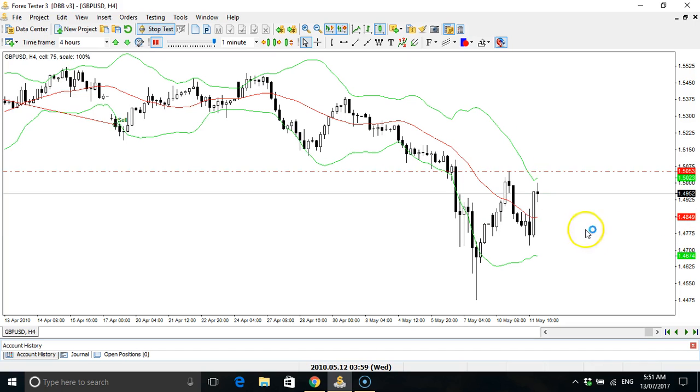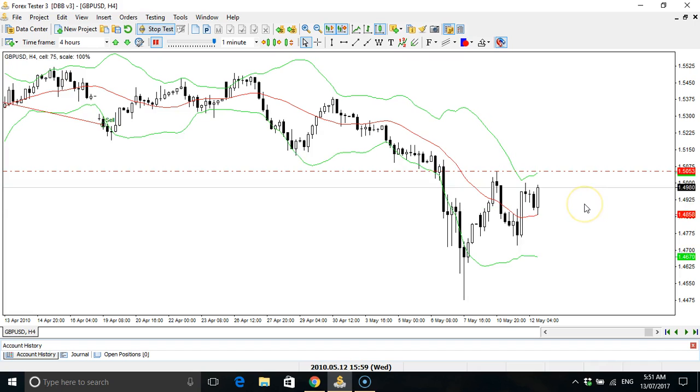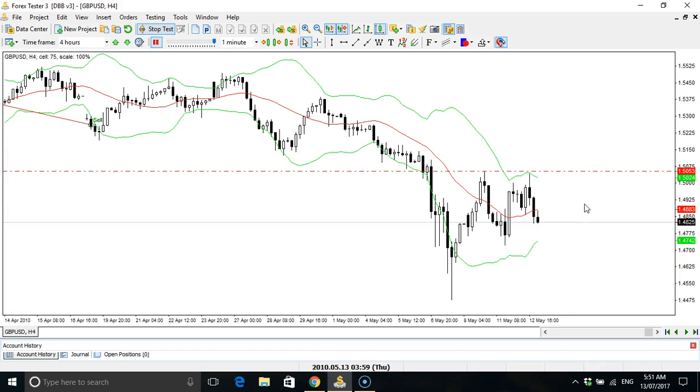We're looking for some expansion here, which indicates a potential break. But to clarify, if I don't see that I will still take the trade, and I have done, so it's not the main consideration.